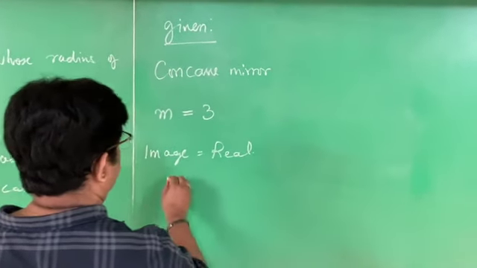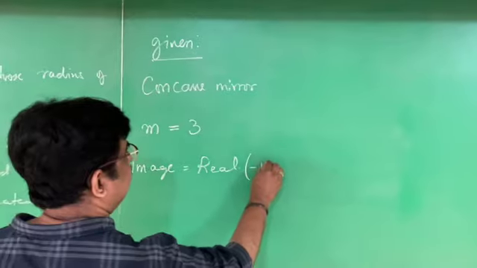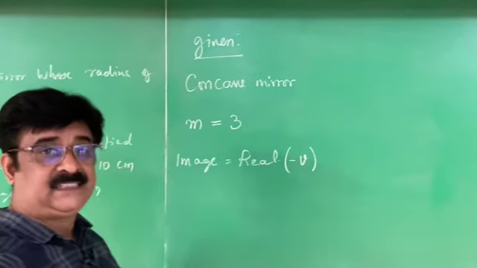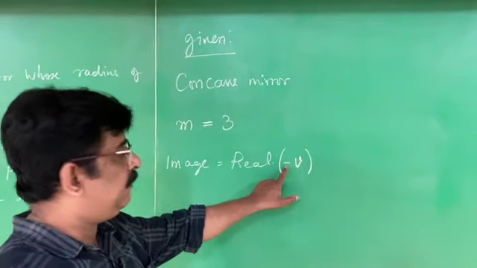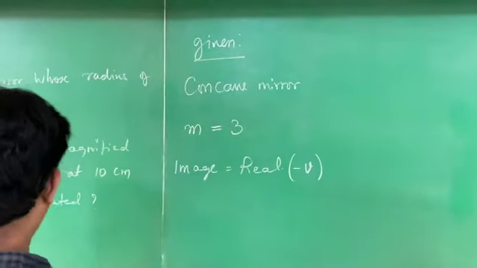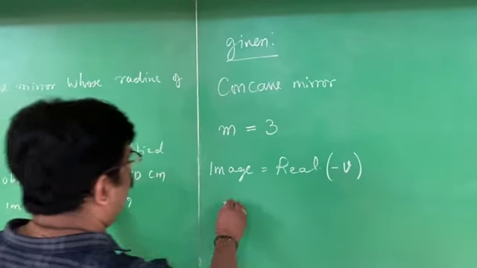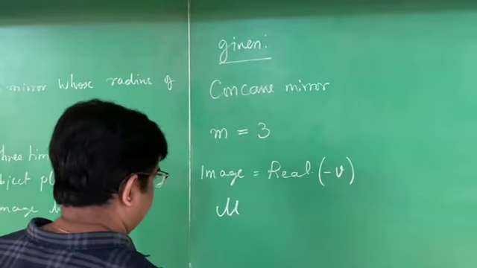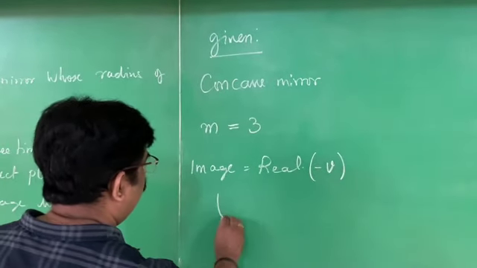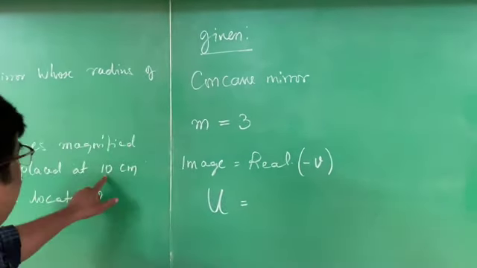Image is real means we have to take minus V, because a real image is given by a negative sign. And then the object is placed at U. U is equal to 10 centimeter.